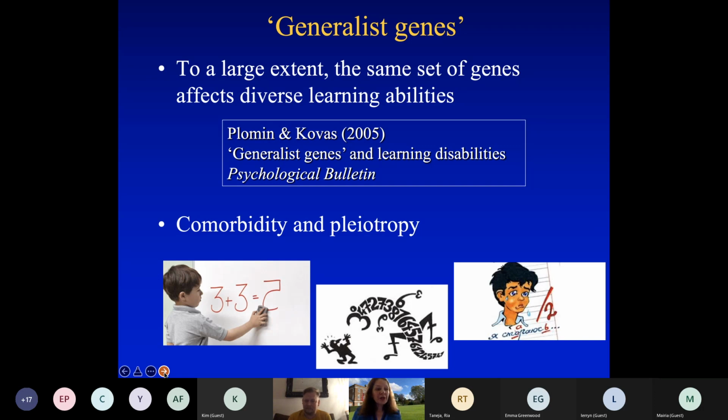So I wanted to mention a couple of other things that we learned from twin studies. Here I'm illustrating three very common problems that children may experience. They are not just present in children, but often continue into adulthood. In the first picture, you can see a little boy struggling with mathematics.